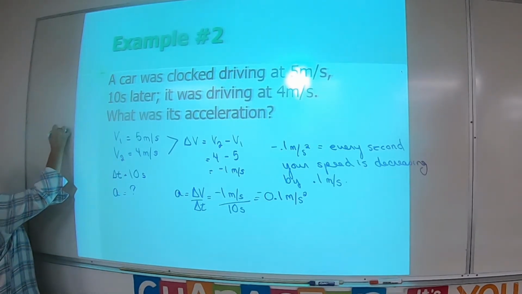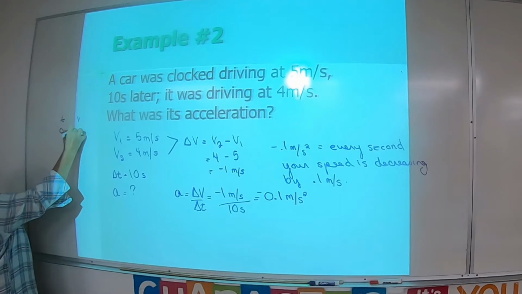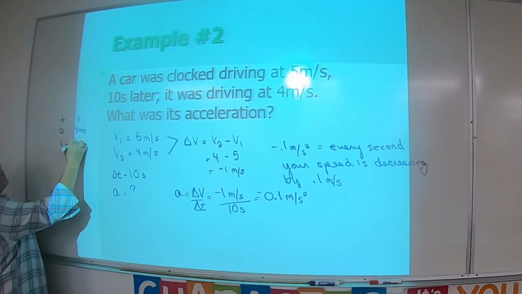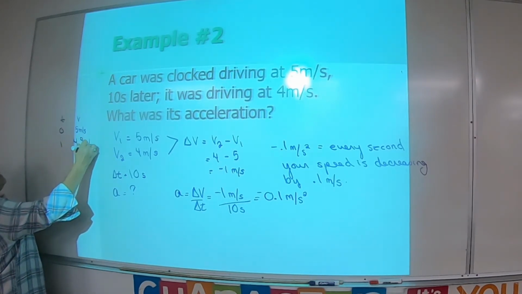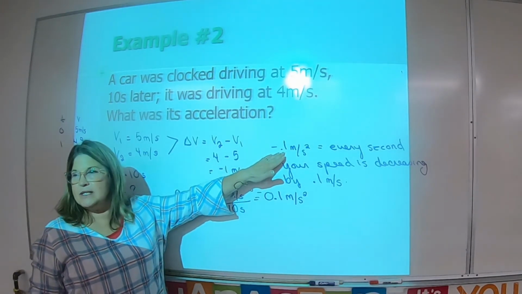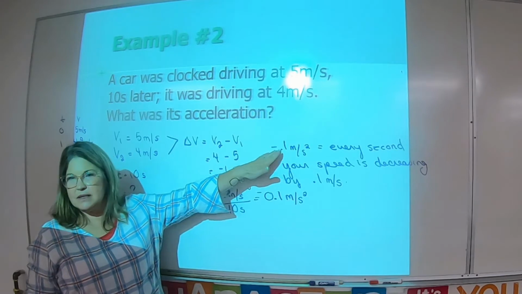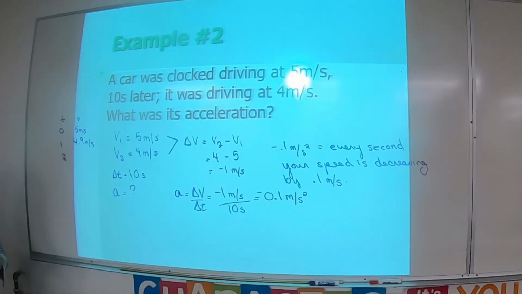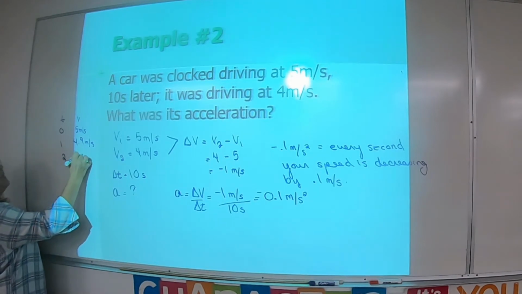So at 0, he has 5 meters per second. 1 second later, what's his speed? 4.9. He decreased his speed by 0.1 meters per second. Okay? 2 seconds later, what is his speed? 4.8.